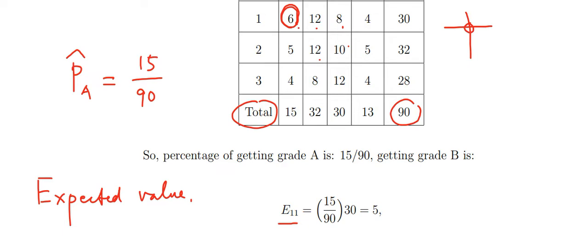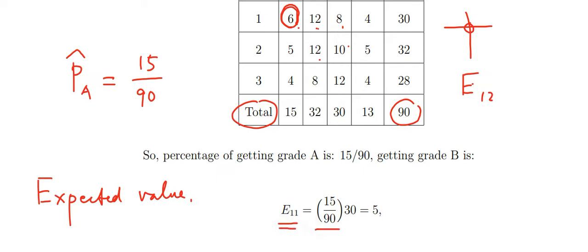E12 means this position: class 1, category 2. So how many in class 1 can get grade B? How can we find this expected value?